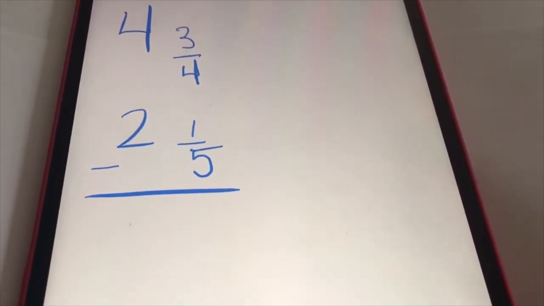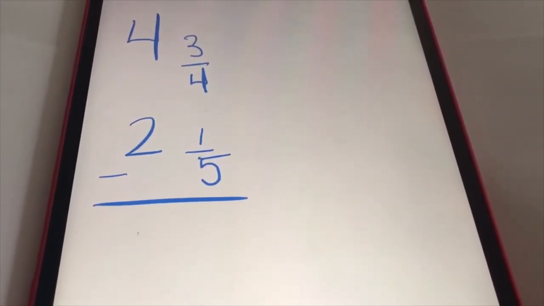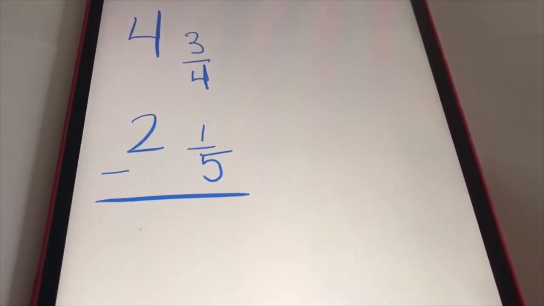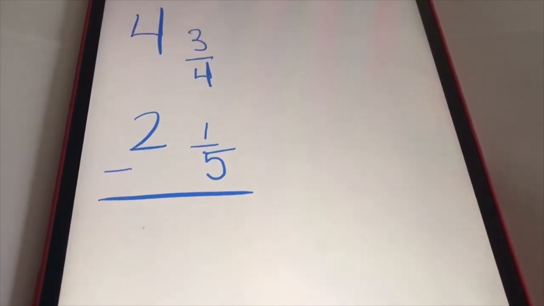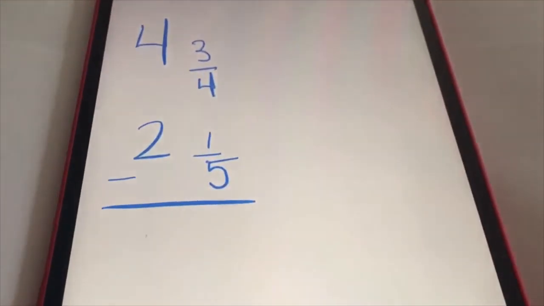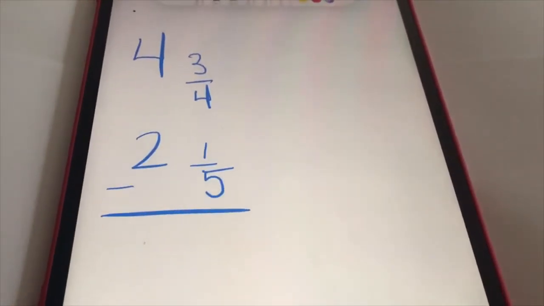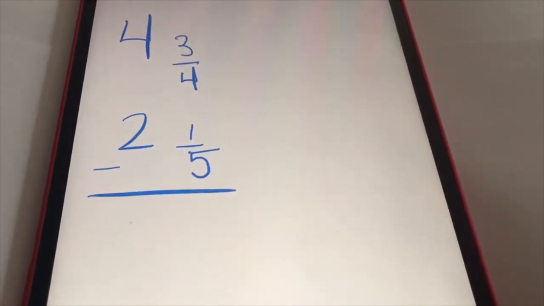So whenever I don't have a common denominator, I always have to ask myself, is one a multiple of the other? Well, looking here, I know that if I skip count by 5, I will never hit 4. And if I skip count by 4, I'll never hit 5. So I have to find a common denominator of them both.